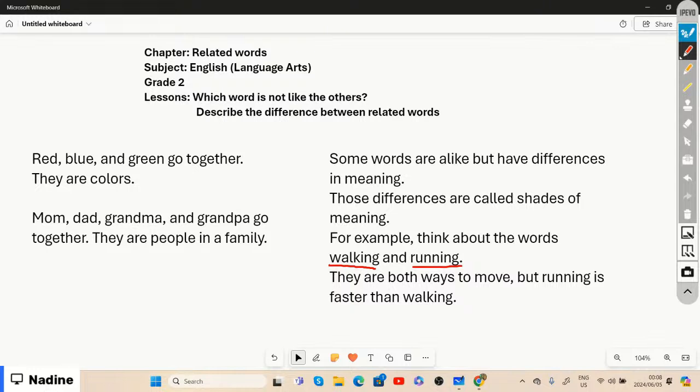But running is like you're just walking a bit faster. So walking and running both mean the same thing, right? Both mean that you're moving. But when it comes to running, then running means that you are just moving or walking faster.